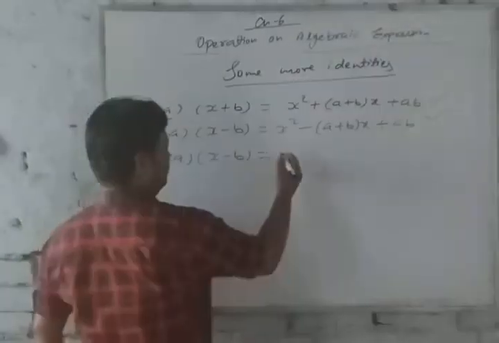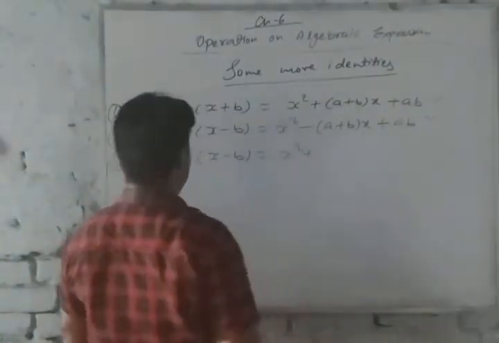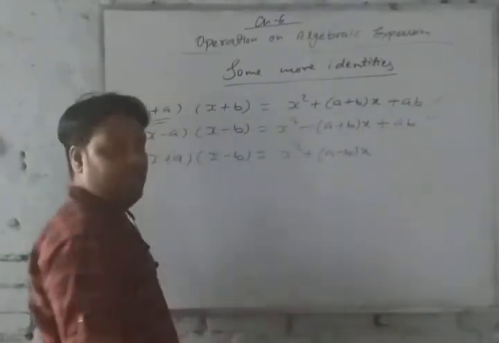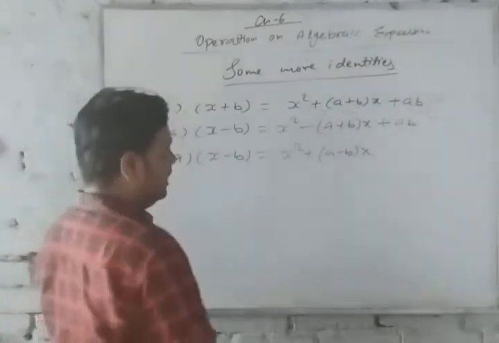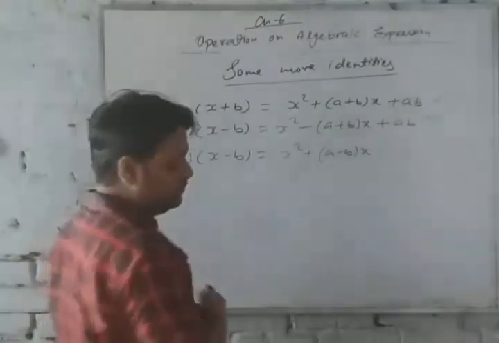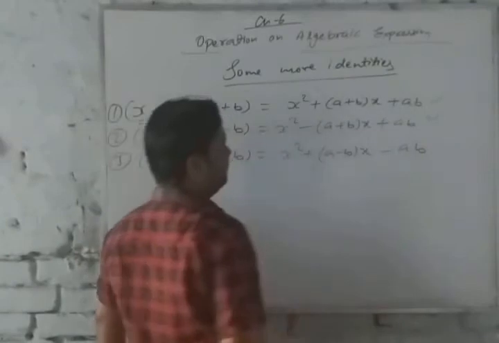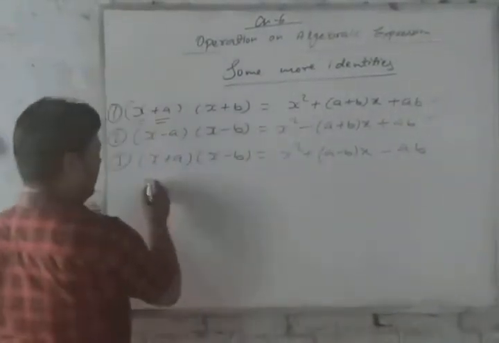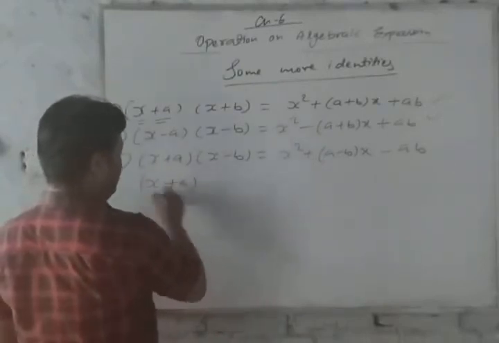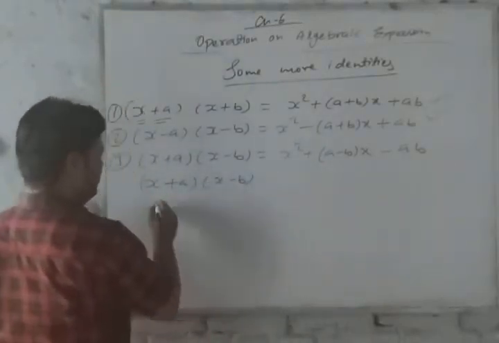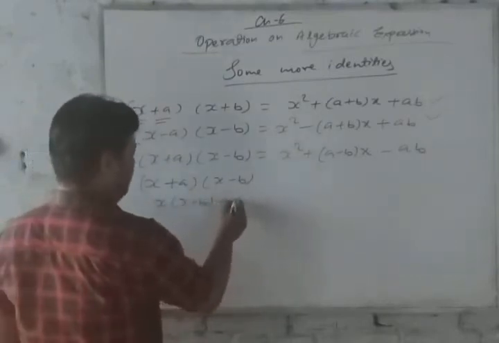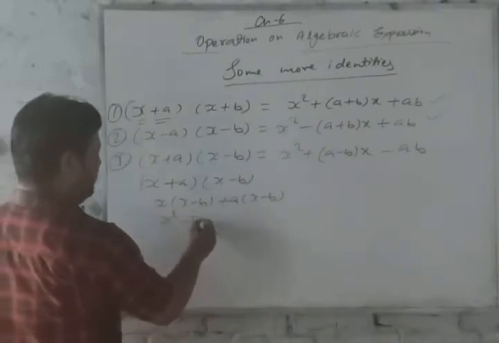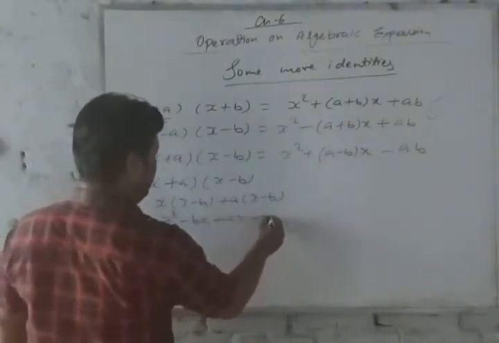See here, x square plus (a minus b) x minus ab. Now let's prove it again with the same: (x plus a)(x minus b), then x times (x minus b) plus a times (x minus b). Again x square minus bx plus ax minus ab.